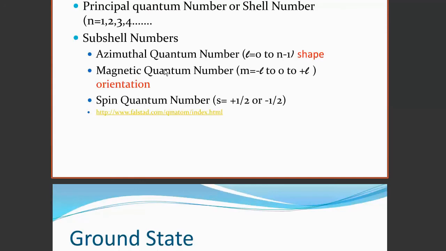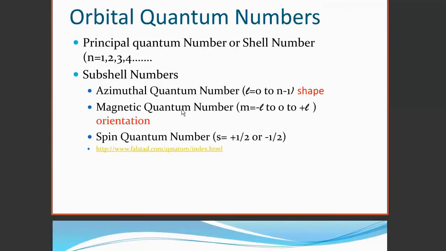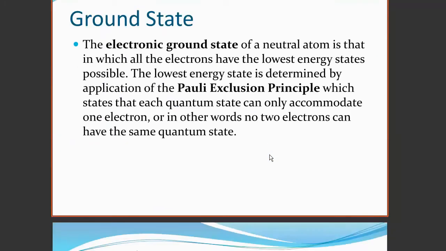Well, the magnetic quantum number can vary between m equals -L through to 0 to +L. But in the case where n equals 1, the L can only be 0, and hence the magnetic quantum number can only be 0. However, the spin quantum number can still be +1/2 or -1/2.